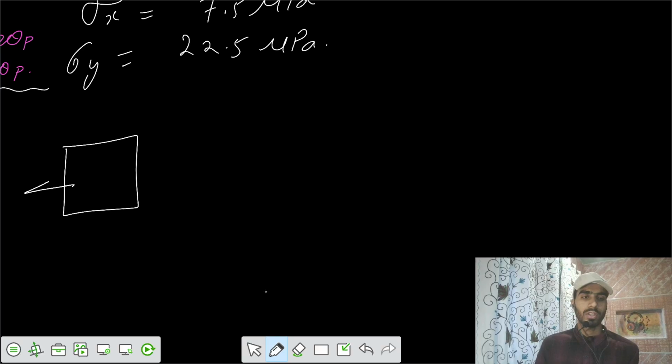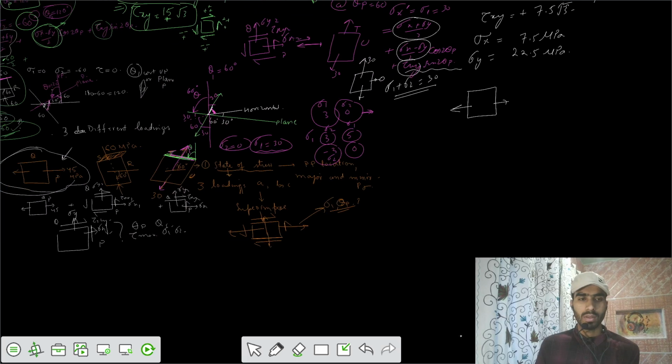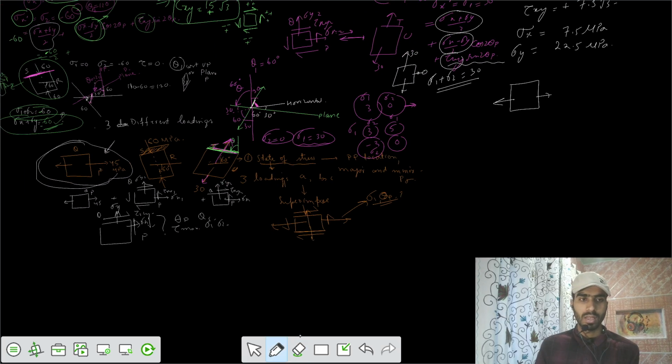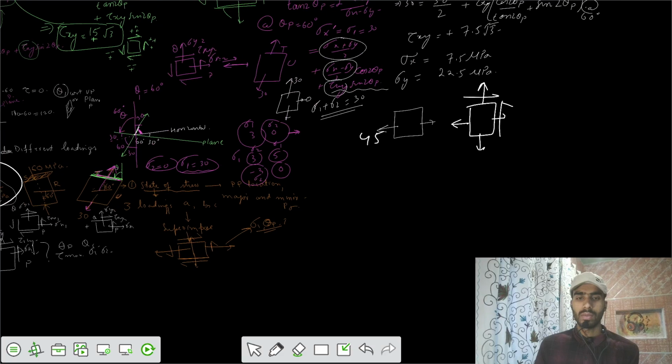Initially the first state of stress was given. So the first state of stress would remain as it is, that this state of stress was 45. And similarly, you have one more state of stress, that is now some sigma x, sigma y, and some shear stress. Then in the third case I had also some shear stress, some sigma y, and some sigma x.